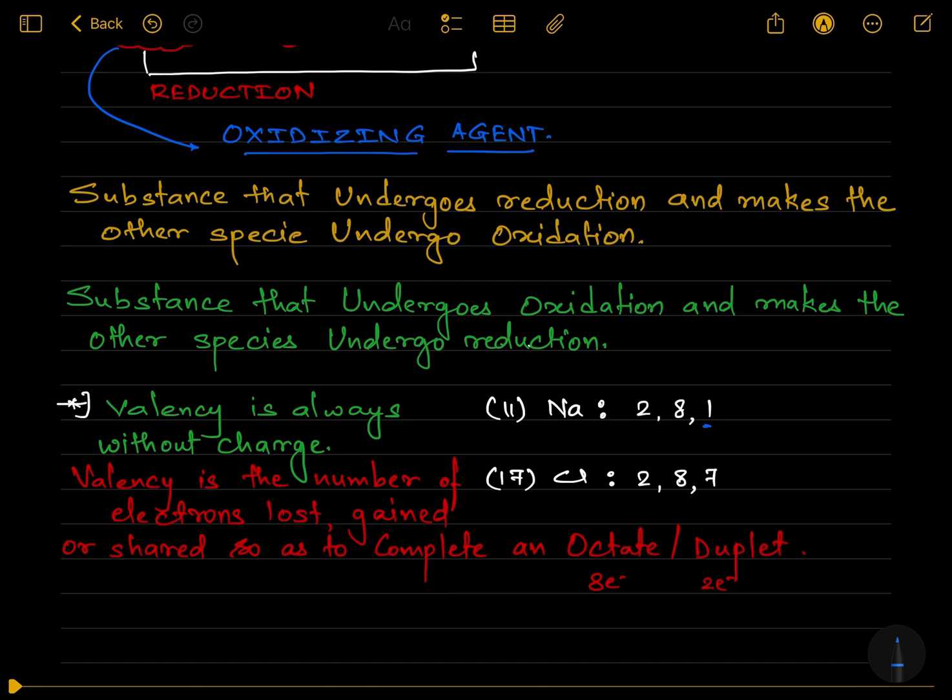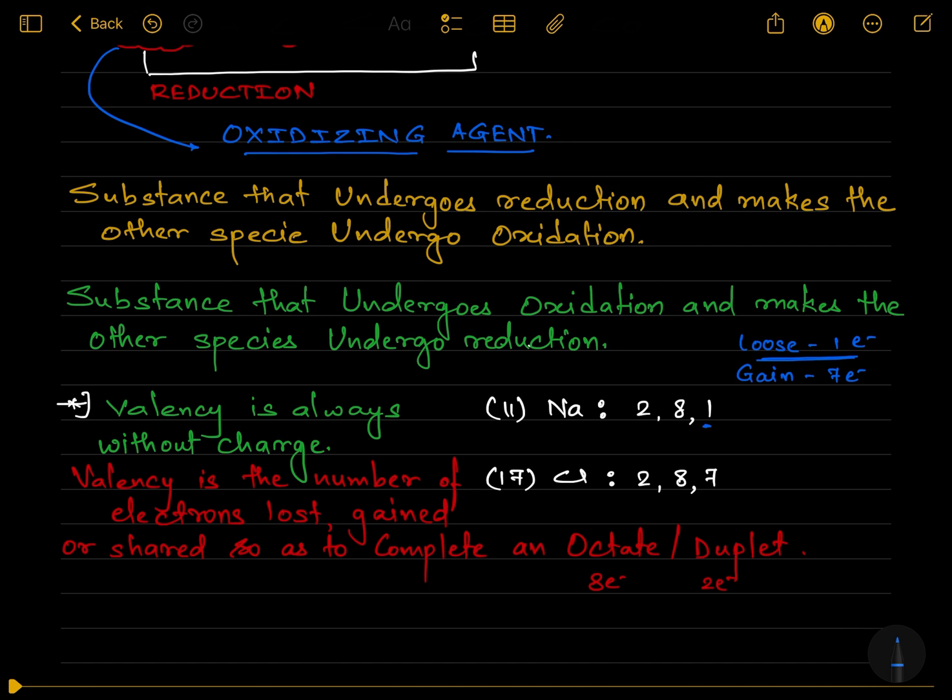Either he could lose 1 electron or he could gain 7 electrons. Rather than gaining 7, losing 1 is very simple and makes sense.